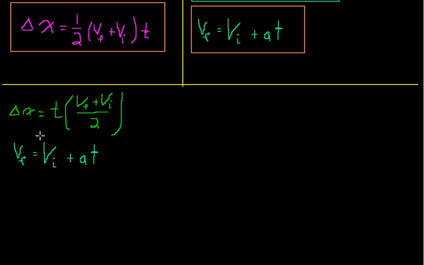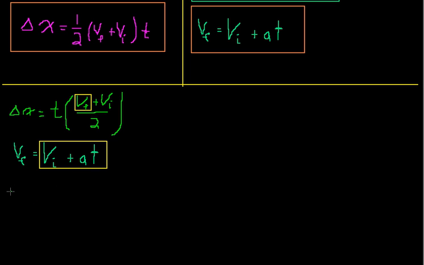What happens if we plug in this equation? Let's make it yellow, yellow is always better. What happens if I plug in this right here? Because it's just Vf, Vf. Should make sense. I'm going to try to color code it. Maybe that'll help make things clear.